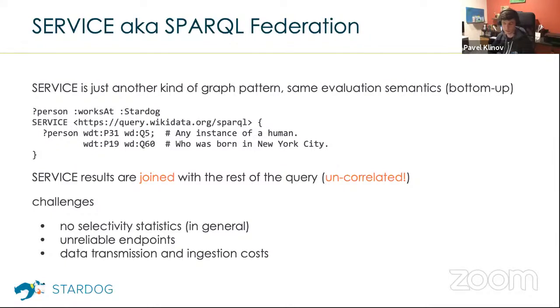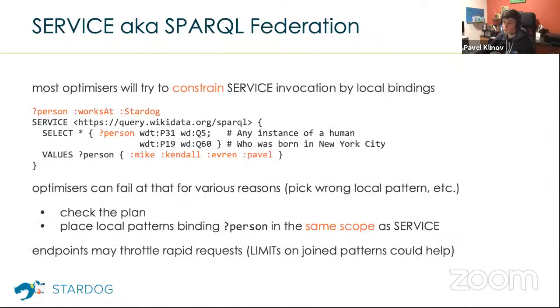So there's no selectivity statistics generally available. Endpoints are unreliable, so the cost function for invoking services has to account for that somehow, but it's unclear how fast that will actually be. And the data transmission and ingestion costs, all of that makes it harder.